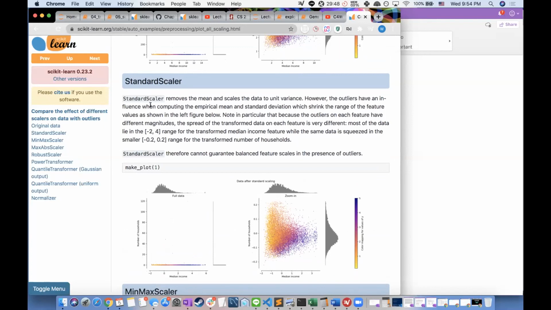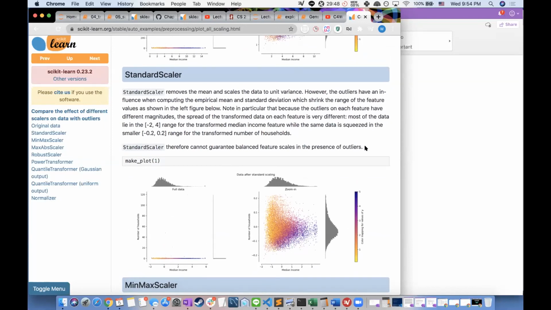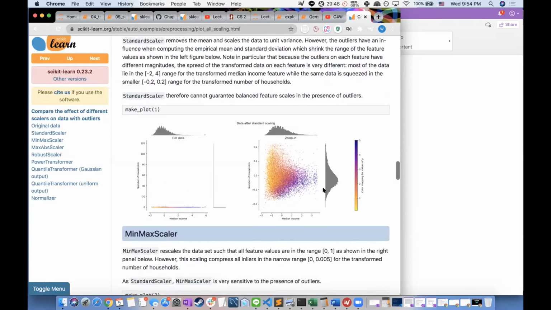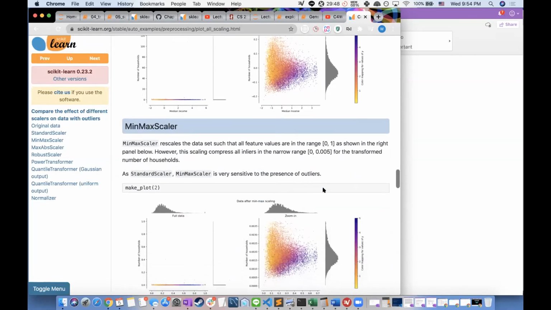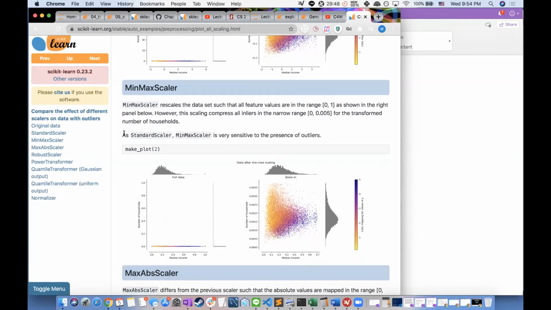However, the outliers have an influence when computing the empirical mean and standard deviation when shrinking the range of feature values. So StandardScaler therefore cannot guarantee balanced features in the presence of outliers. So you want to keep that in mind when choosing StandardScaler as your scaler. And MinMaxScaler is also very sensitive to the presence of outliers, so you want to be mindful about that as well.